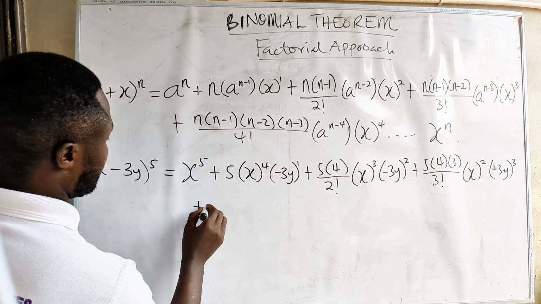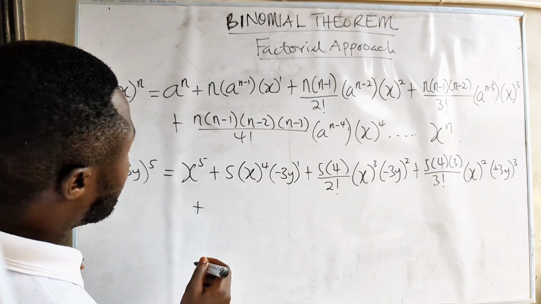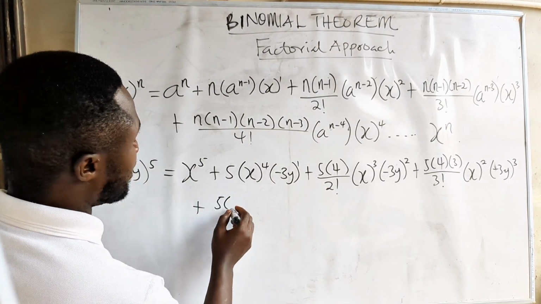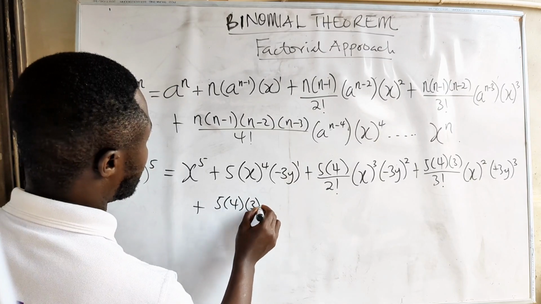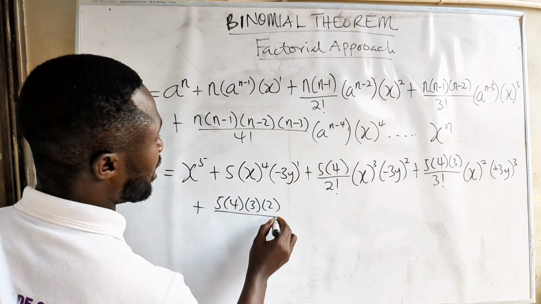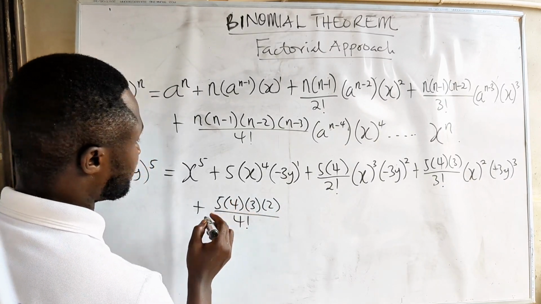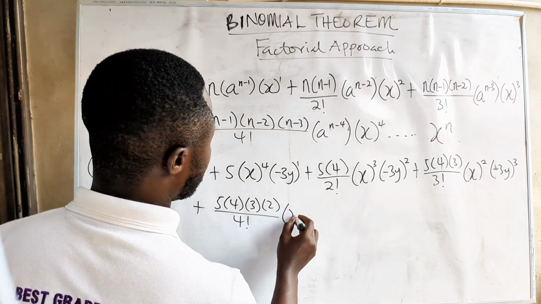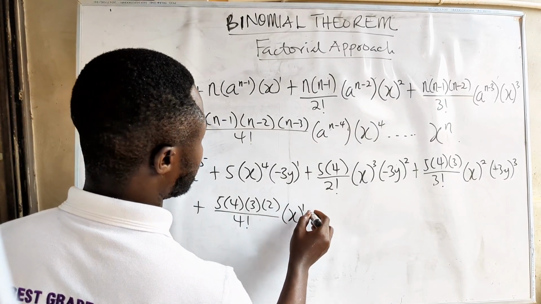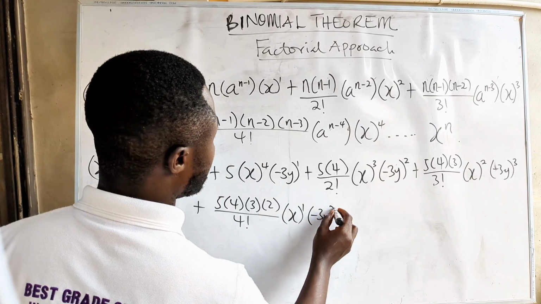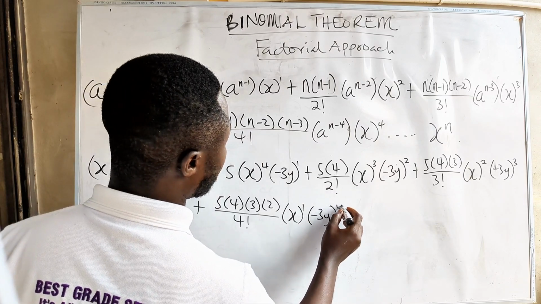Plus, we are not done, plus, then we have what? 5 times 4 times 3 times 2 divided by 4 factorial. Then we have what? X exponent 1, then minus 3y exponent 4.